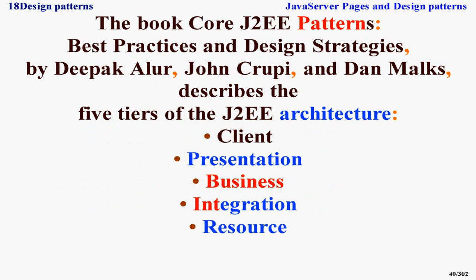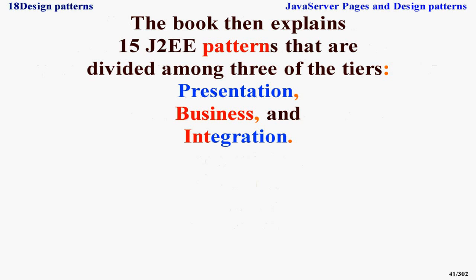The book Core J2EE Patterns: Best Practices and Design Strategies, by Deepak Alur, John Crupi, and Dan Malks, describes the 5 tiers of the J2EE architecture: client, presentation, business, integration, resource. The book then explains 15 J2EE patterns that are divided among 3 of the tiers: presentation, business, and integration.